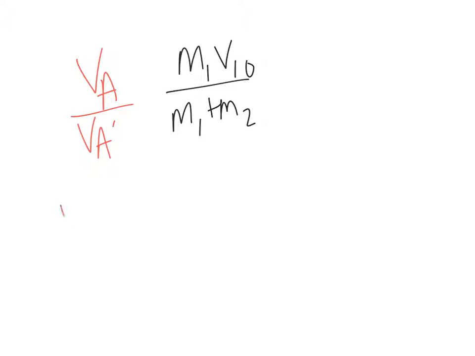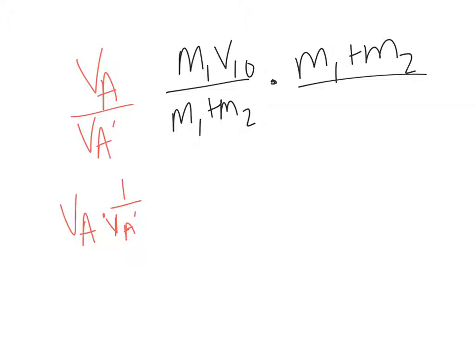I like to think of it as VA times the inverse of VA prime, so from what we do, M1 plus M2 over M1 V1 initial.